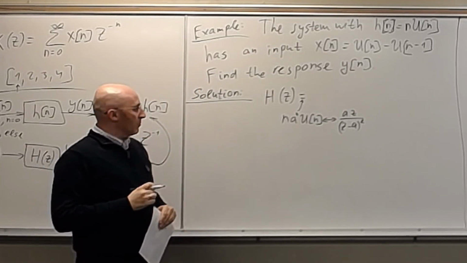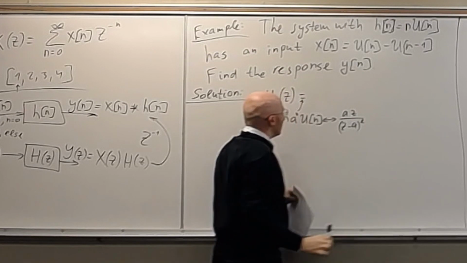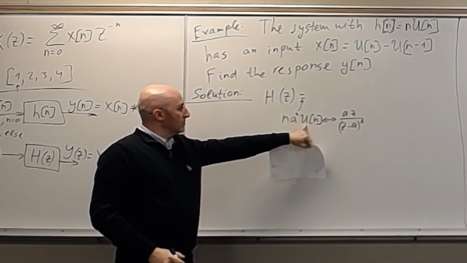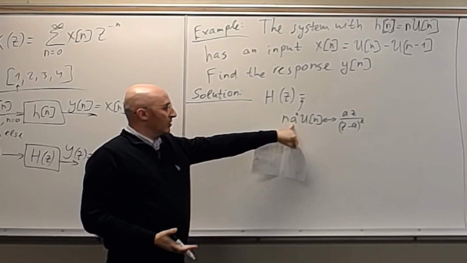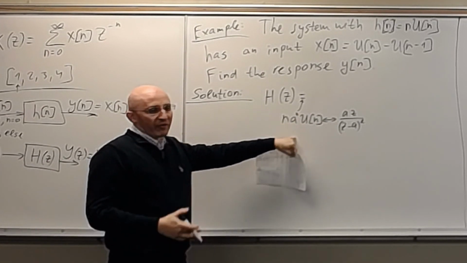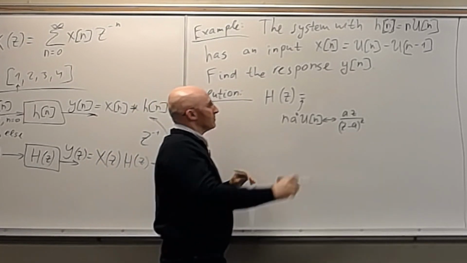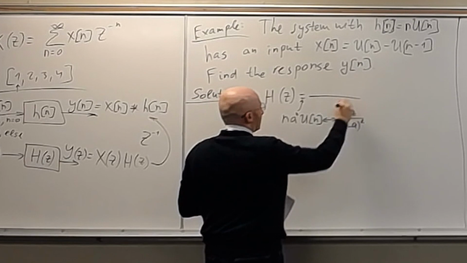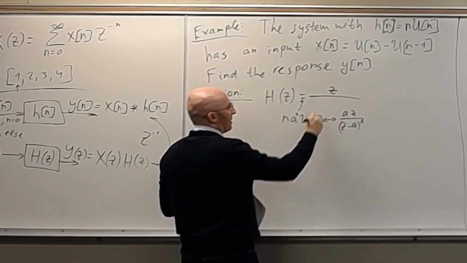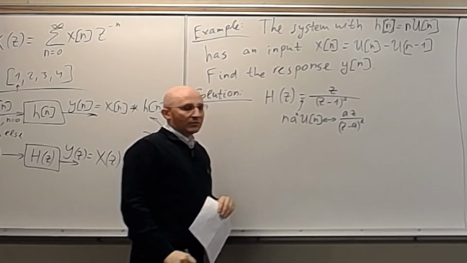Now, pay attention that this is n times u, and you want to use that thing. In that case, a equals what? a equals 1, because 1 to the power of n is still 1 for any n. So it's 1 times z divided by (z minus 1) squared.